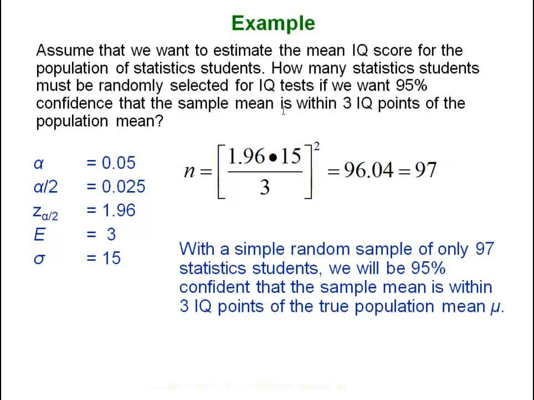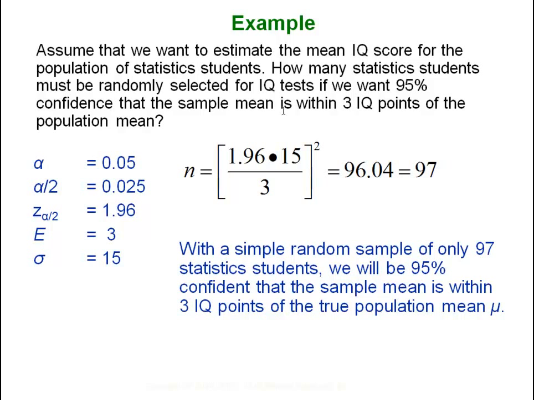So let's say we want to estimate the mean IQ scores for the population of all statistics students, and we want to figure out how many students we need to randomly select if we want to be 95% confident that the mean that we get from our sample is within 3 IQ points of the population mean. So to be 95% confident, we look that up in the table if you haven't already had it memorized, and that gives us a z of alpha over 2 of 1.96. We plug in 3 for the size of E, because we want to be within 3 IQ points.